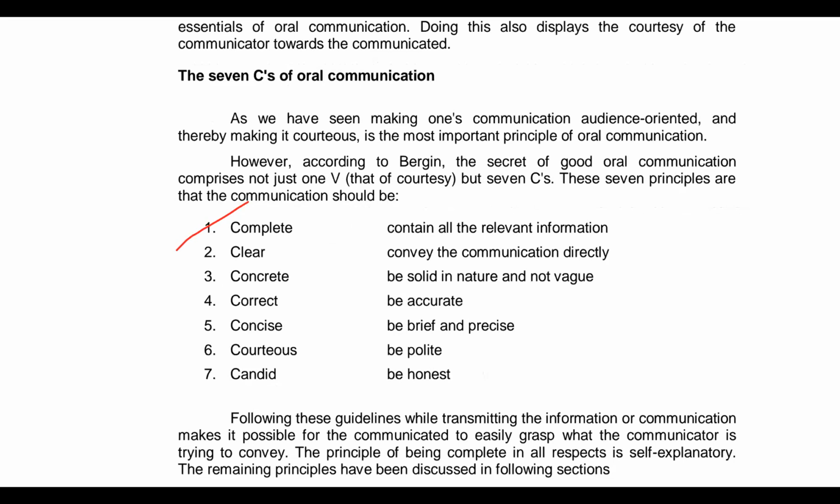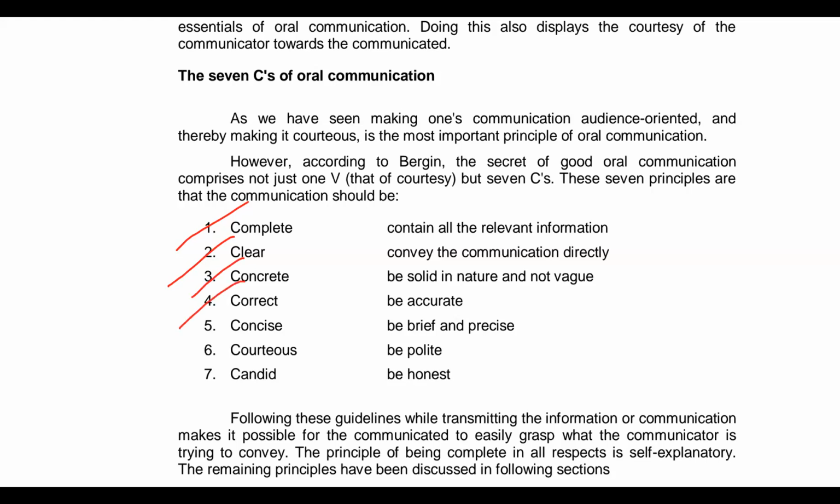Oral communication is supposed to be complete. That is to say, it should contain all the relevant information. It is supposed to be clear. By clarity, we mean it should have the capacity to convey the communication directly, and it has to be concrete. To be concrete, we mean it should be solid in nature and not vague.